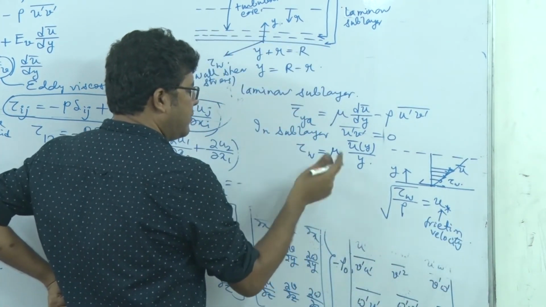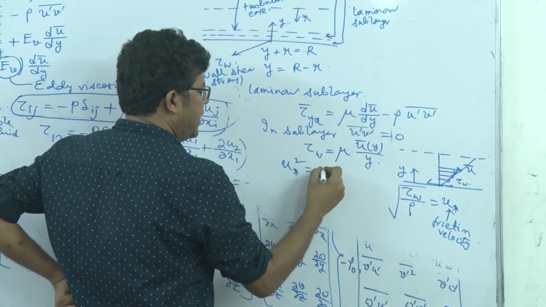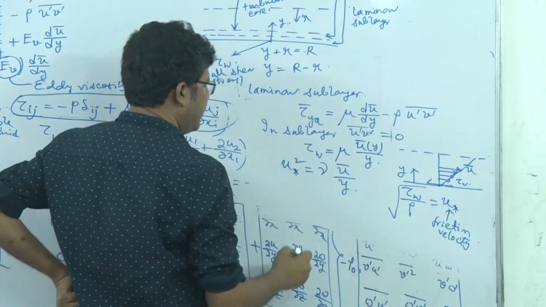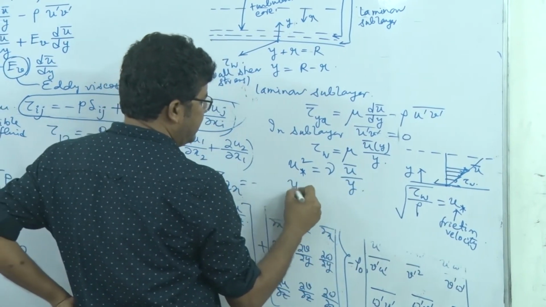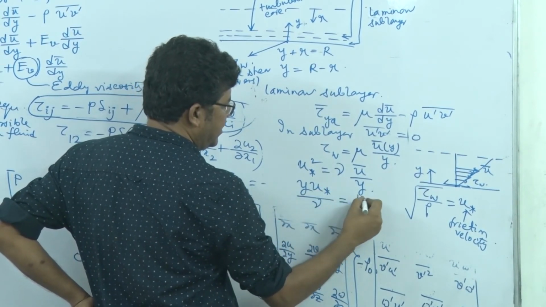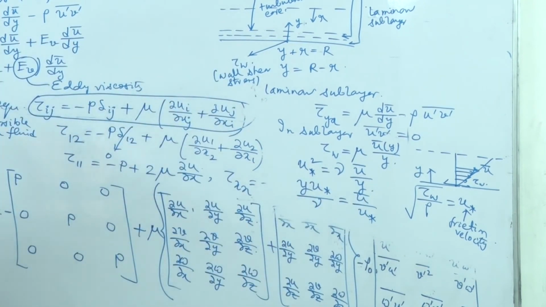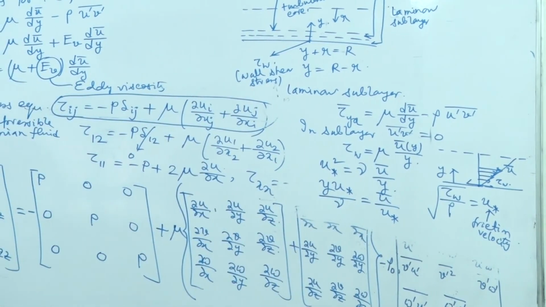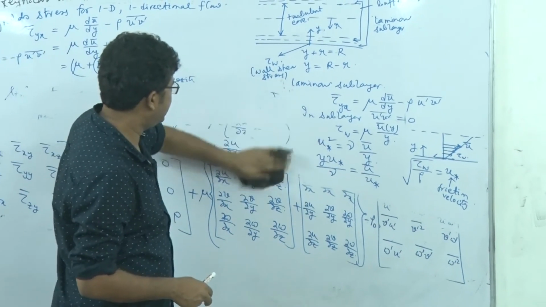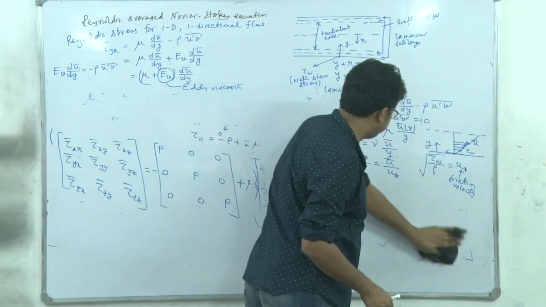So if we divide both sides by rho, this is u star square, this is nu, this is u bar divided by y. So what do you obtain? See, y into u star divided by nu is u bar divided by u star, the velocity profile in the laminar sublayer in this dimensionless form, right? It is expressed in this dimensionless form.